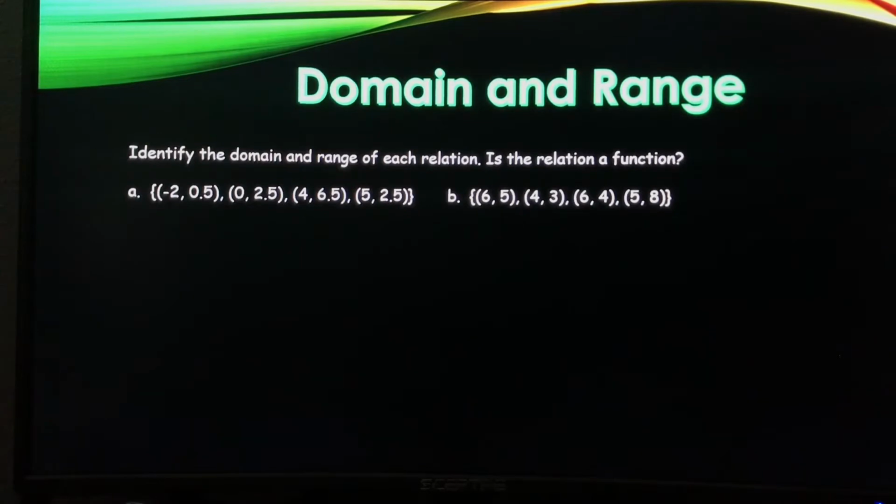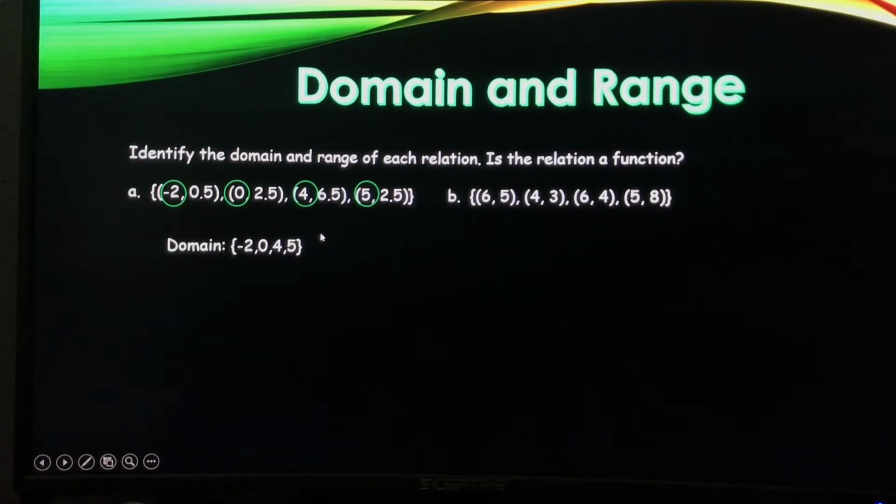Well, we had just talked on the previous slide that my domain is all my possible x values. So let's go through A and circle all my x's. Okay, here's another x, another one, and my last one. So I can say that my domain is -2, 0, 4, and 5.